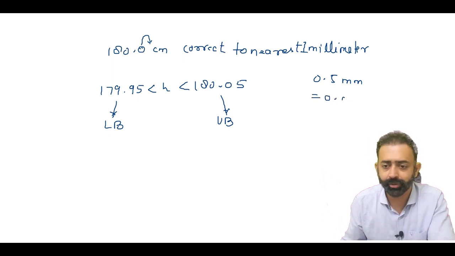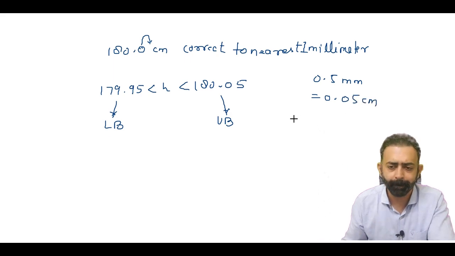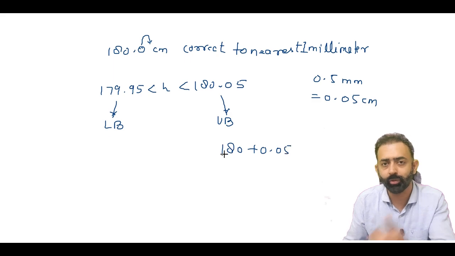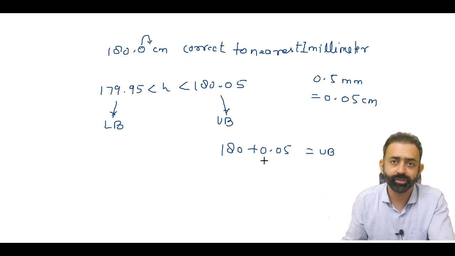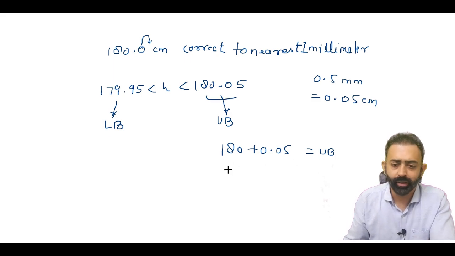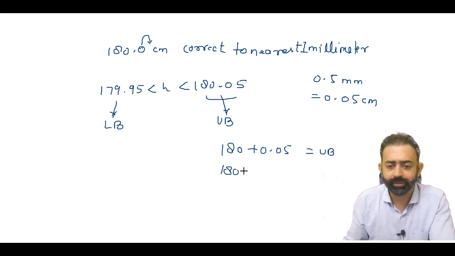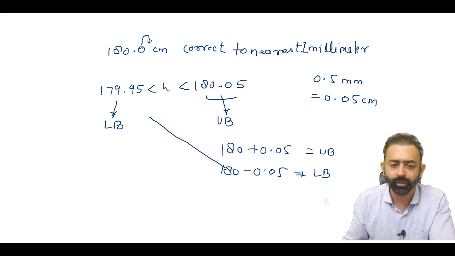This is equivalent to 0.05 centimeters. Just divide by 10. That means to get the upper bound, I will add this 0.05 to the rounded figure 180 to get the upper bound, which is 180.05. And to get the lower bound, I will subtract this 0.05 from 180.